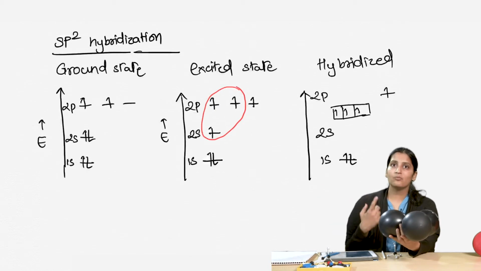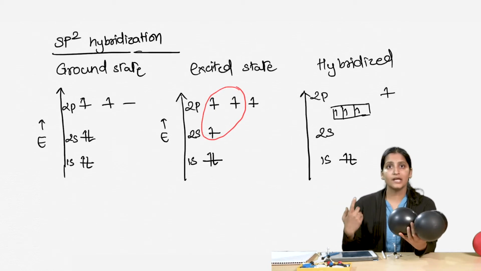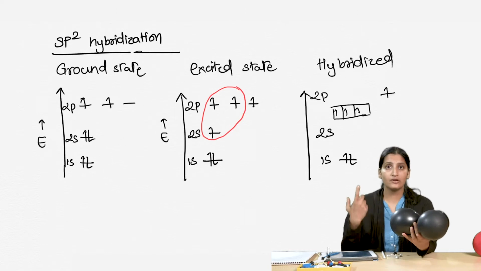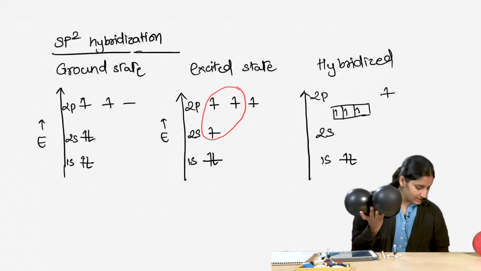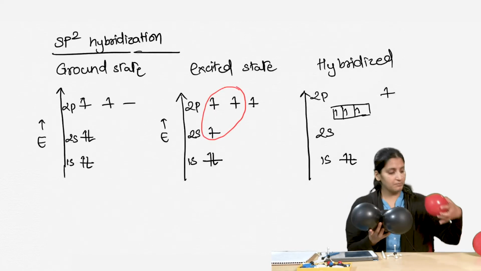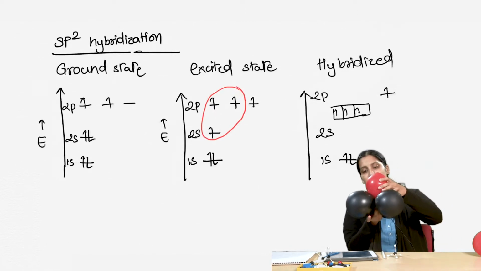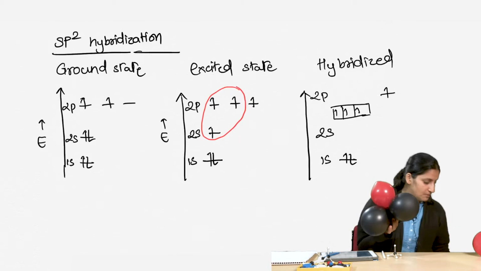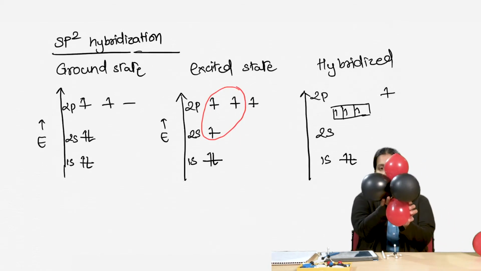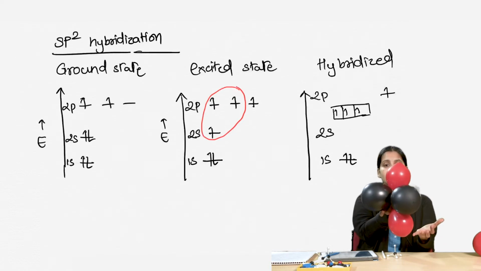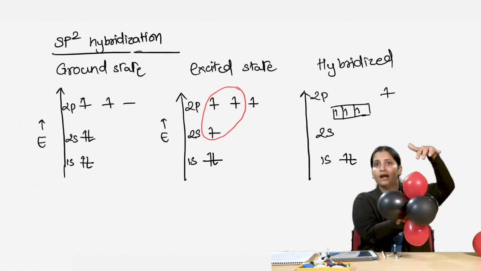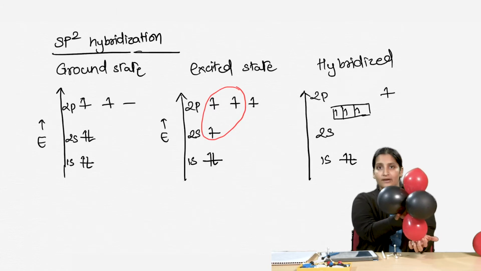But what about that one p orbital that did not take part in hybridization? That electron is still there, and it will probably occupy a pz orbital that goes above and below this plane. So, the red lobe here is the unhybridized p orbital and it will hold that one electron that did not take part in hybridization.